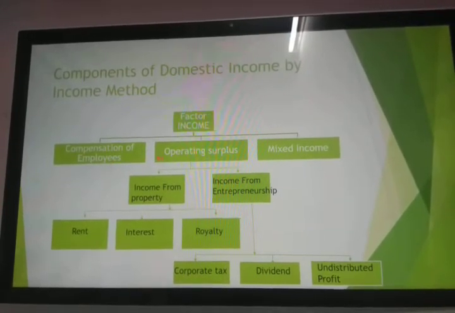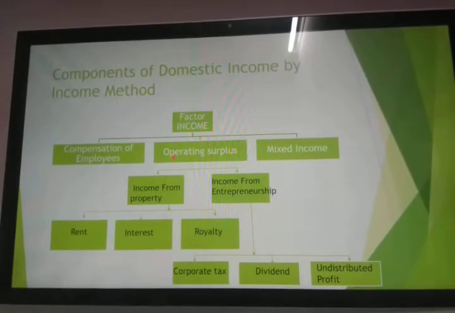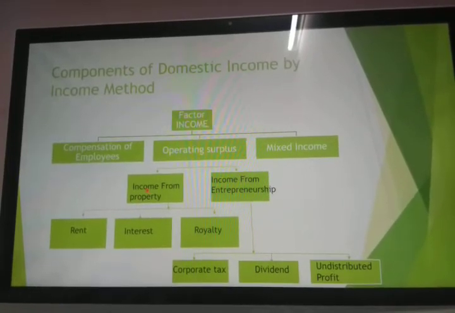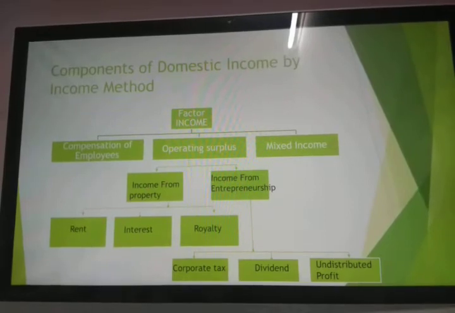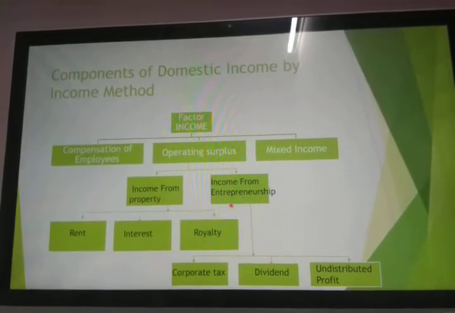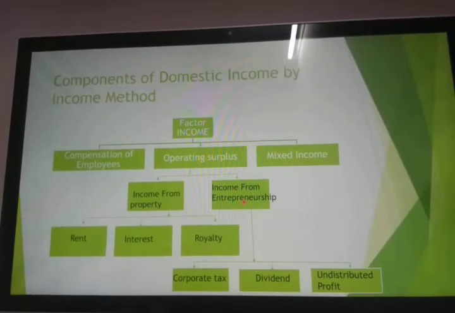On the other hand, the second part is operating surplus. Operating surplus means the income from property, that is rent, interest and royalty, and the income from entrepreneurship, which is known as profit.